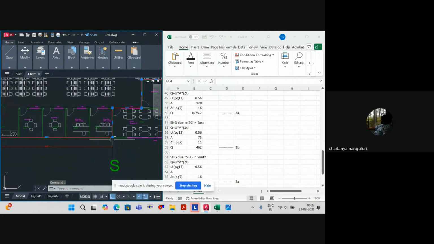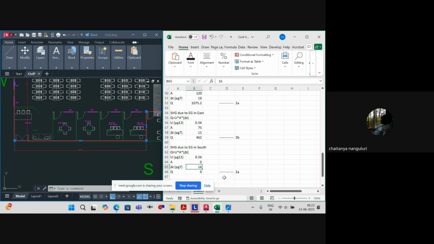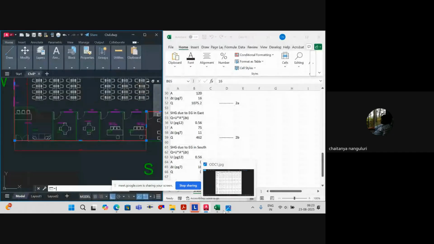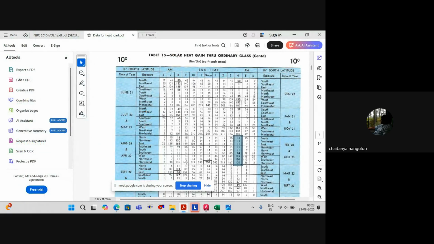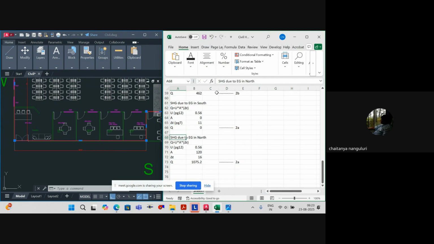So this entire area of the red color, what we are air conditioning, we don't have any glass. So automatically this value is 0. Obviously the area becomes 0, but I'll just give the delta T over here anyway. Actually, it's not required. So delta T in south is how much? That is also 11. And the last one we have is towards west direction. This is equation 2c.